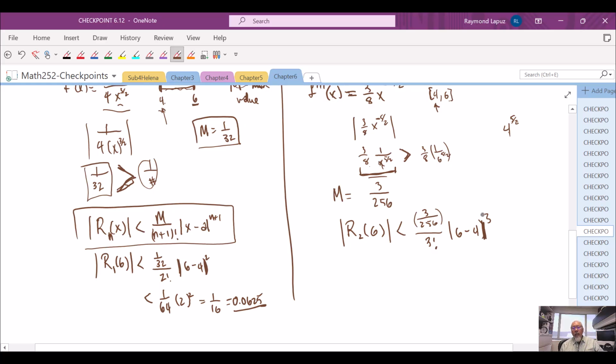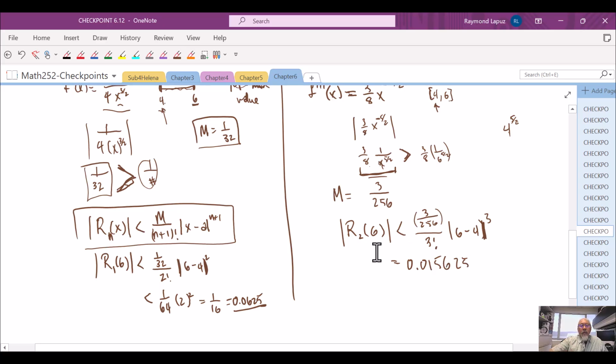Okay. All right. After some analysis of this, I believe this will turn out to be equal to 0.015625. Okay, so that's going to be your remainder for 6.